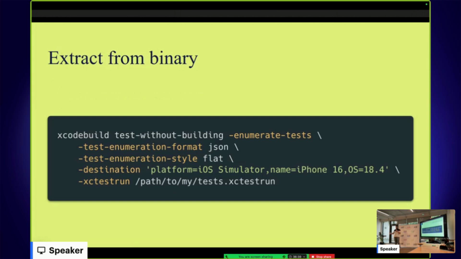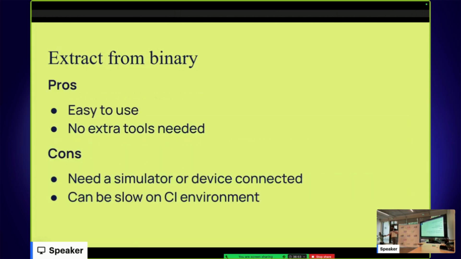So a simulator if your build is targeting a simulator, or real devices if you're targeting devices. And at the end, you just have a JSON list with the function names. So pretty easy to use. No need to add extra tools or complex logic.